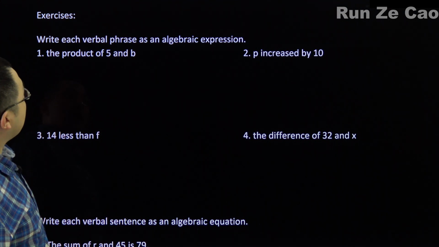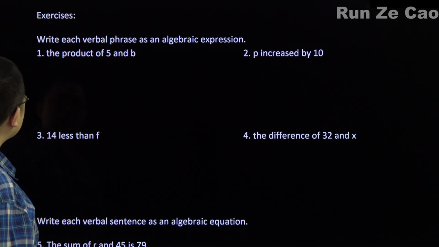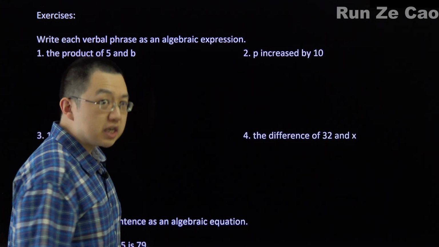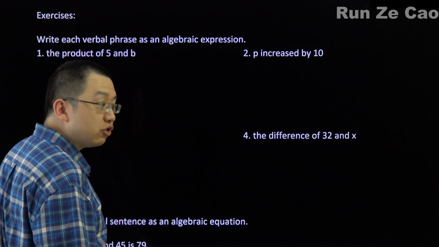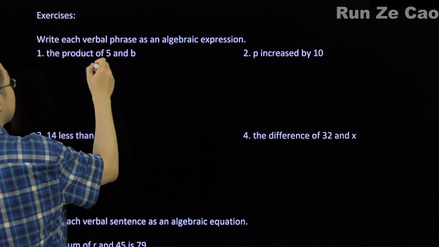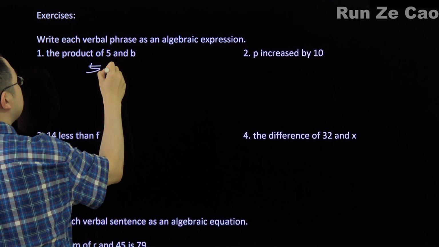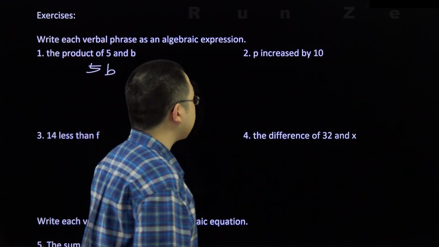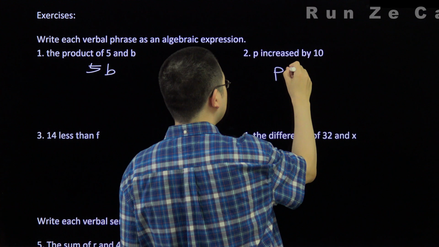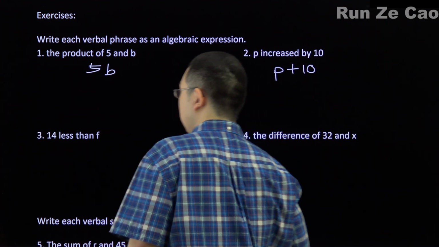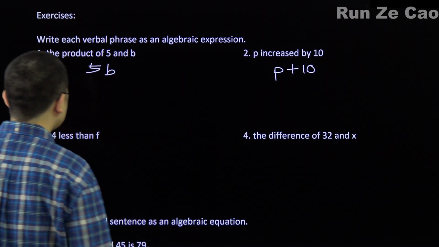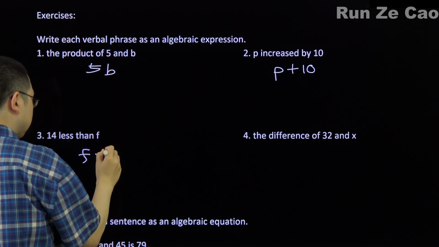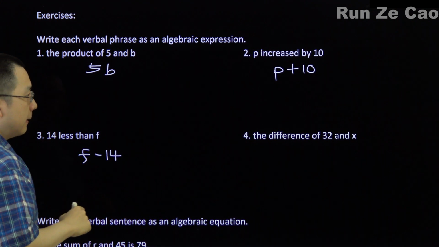Write each verbal phrase as an algebraic expression. The product of 5 and B. Well, we have to use B. So that's 5B. P increased by 10. Well, that's P plus 10. 14 less than F. So we start at F and we subtract 14.